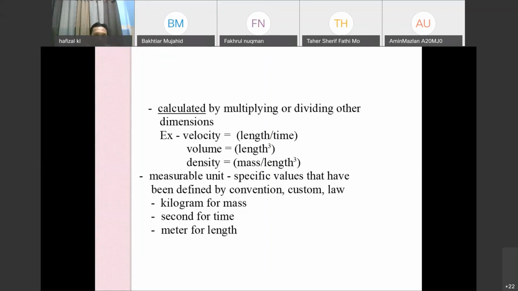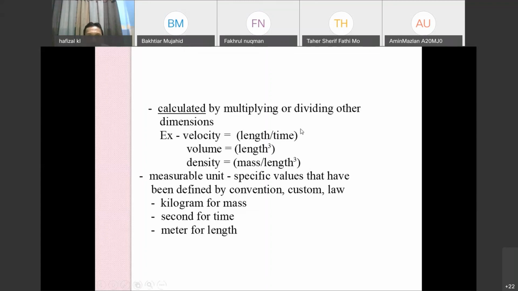Okay, we have a basic unit, we have derivative unit, we have basic quantity, we have the derivative quantity. So this area is a quantity. This one more specific is derivative quantity. This one is a unit.